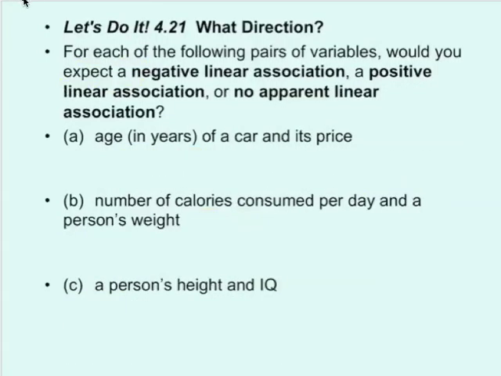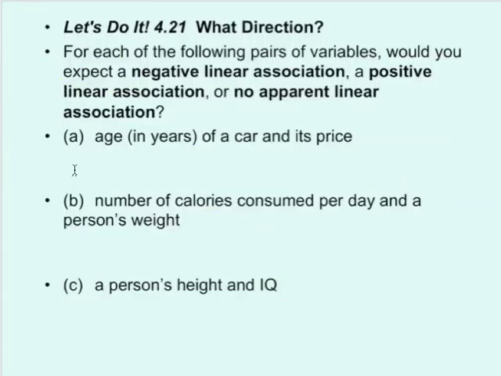So let's go to LDI 421, and all they ask us to do is think about the relationship between the two variables and whether you think there would be a negative linear association, a positive linear association, or no apparent association. Answers are going to vary on this. It all depends on how you define things. So, for example, the age in years of a car and its price.